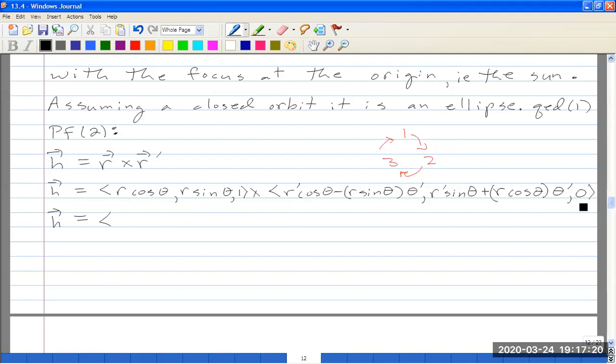So 2, 3. So R, so 0 times R sine theta minus, so that's 2, 3, 3, 2. So 1 times, oh.